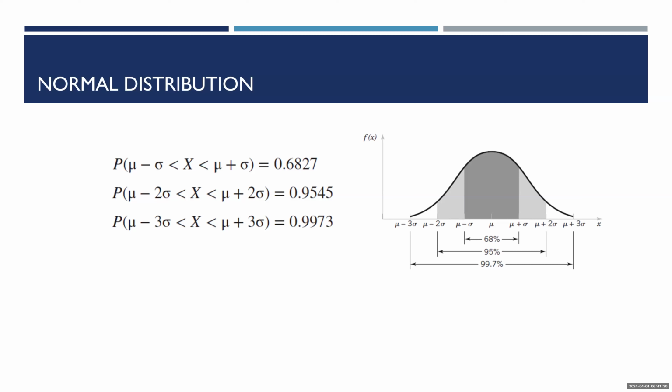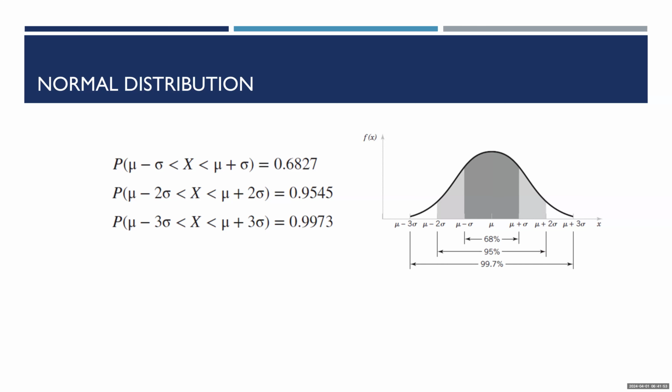A normal distribution has a bell-shaped curve and is useful in describing data because we can say that one standard deviation away from the mean, either above or below, so plus or minus one standard deviation from the mean, covers 68% of the data under the curve.